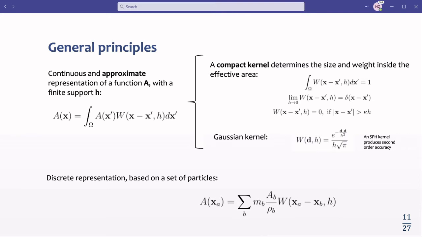And finally, the last property is that the kernel must converge to 0 if the distance between two points exceeds a certain value.